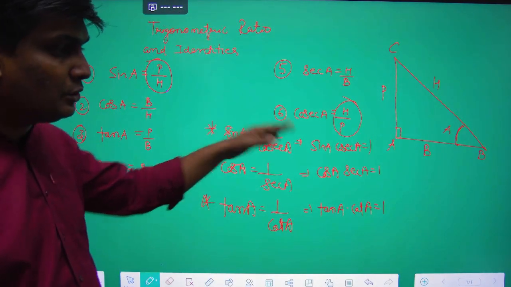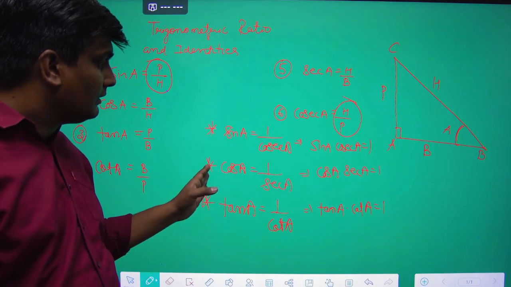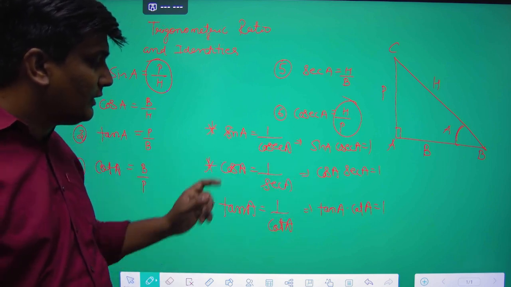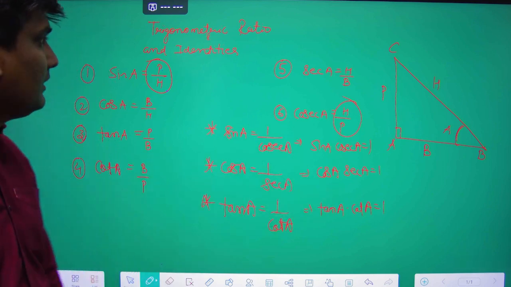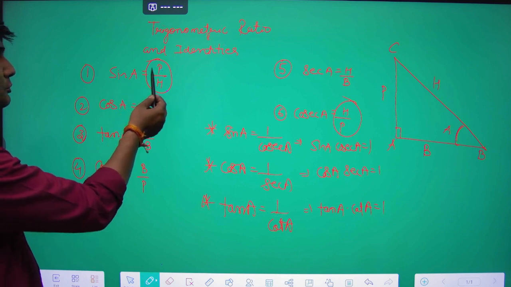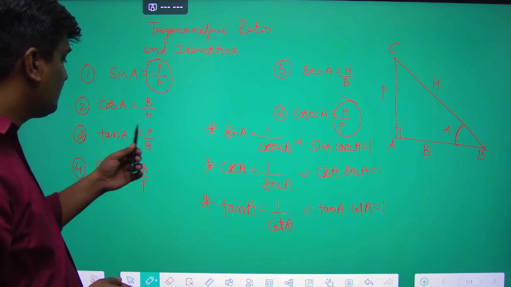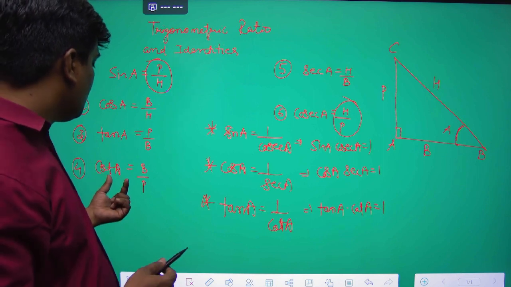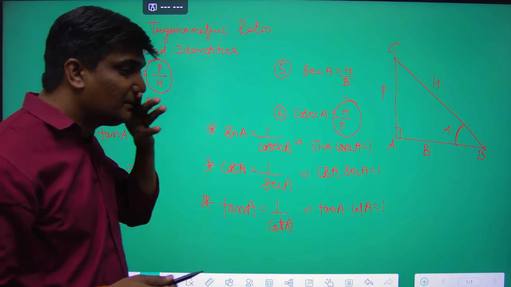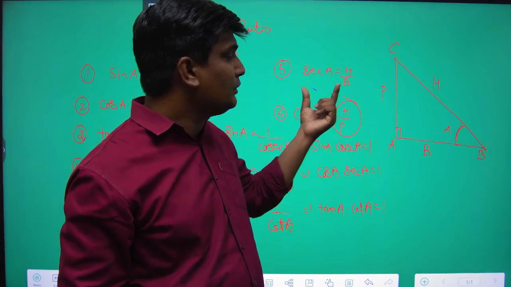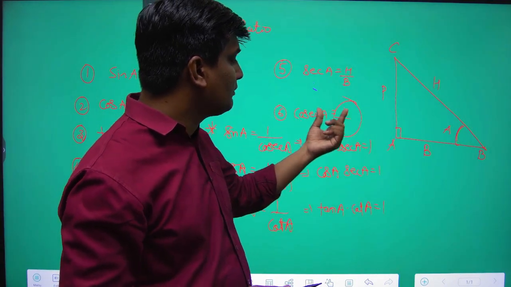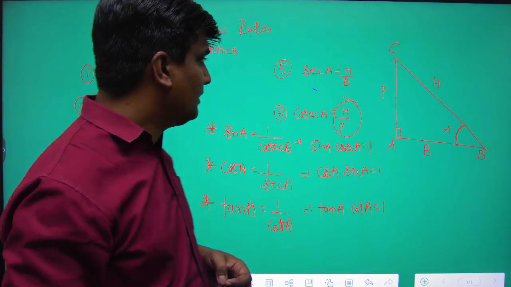So sin A into cosec A equal to 1, cos A into sec A equal to 1, tan A into cot A equal to 1. Again, sin A equal to perpendicular upon hypotenuse, cos A equal to base upon hypotenuse, tan A equal to perpendicular upon base, cot A equal to base upon perpendicular, sec A equal to hypotenuse upon base, cosec A equal to hypotenuse upon perpendicular.